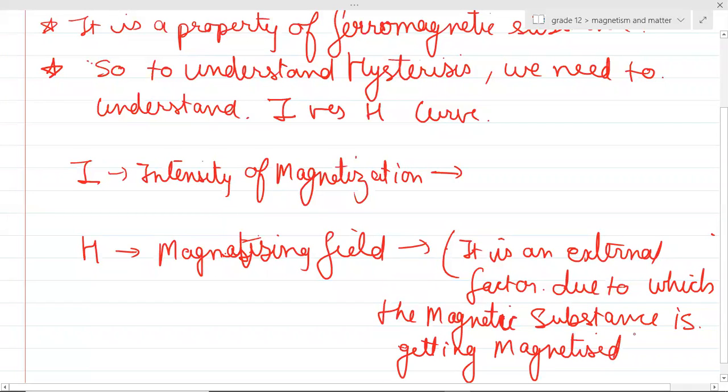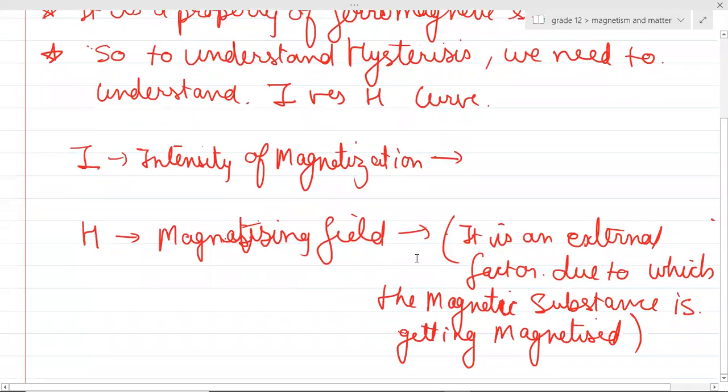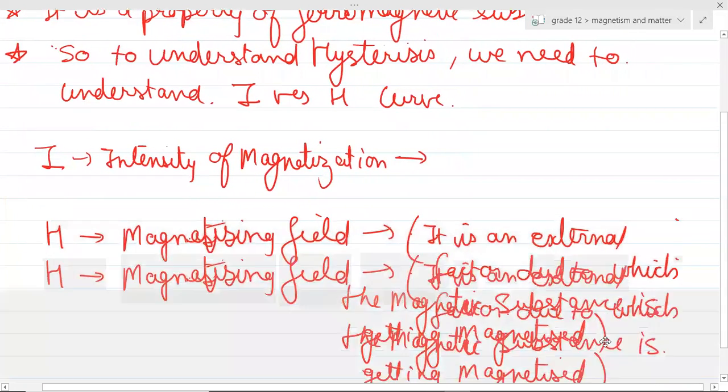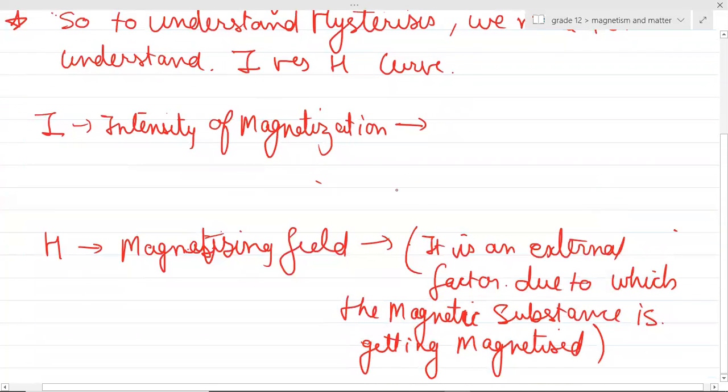In simpler words, I'm trying to explain it to you. H is an external factor which is trying to magnetize a ferromagnetic substance or whatever substance it is. What is I will tell us what I will give.